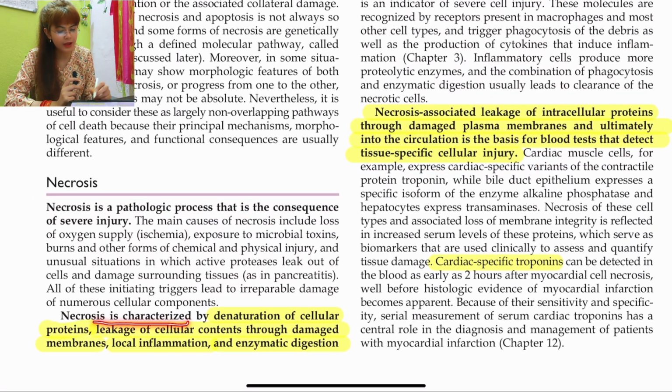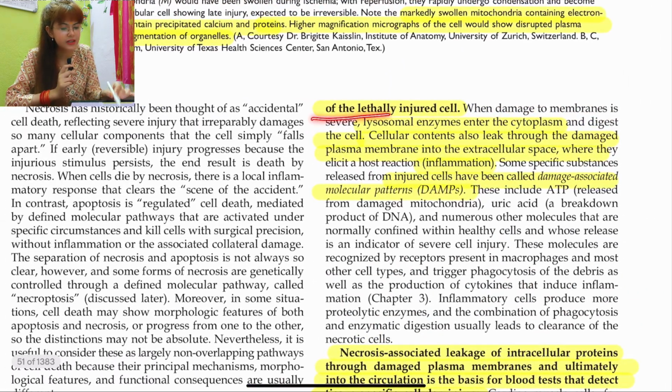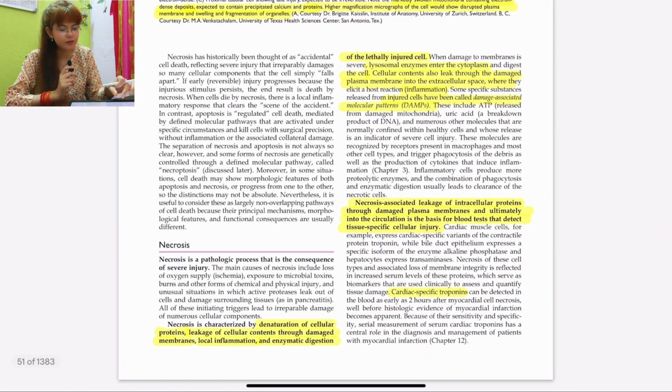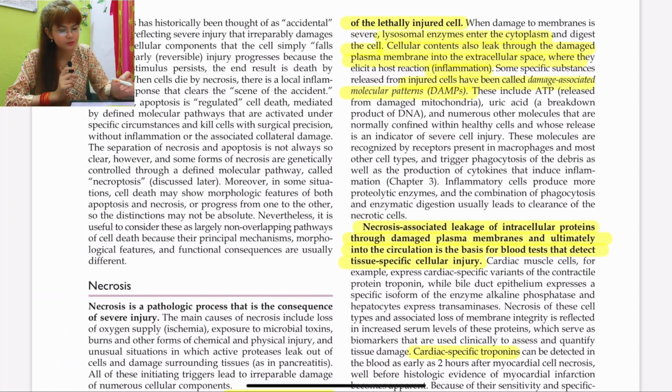Necrosis is characterized by denaturation of the cellular proteins, leakage of the cellular contents through damaged membranes, local inflammation, and enzymatic digestion of the lethally injured cell. So all of these are very important points, very important for MCQs and for your short notes.